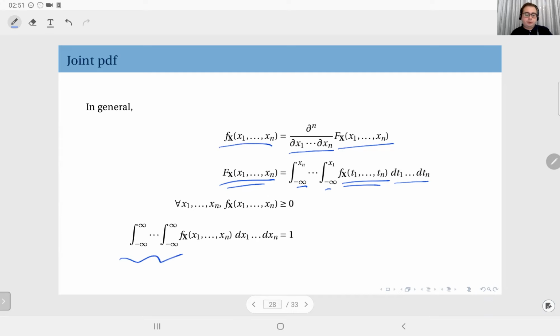For instance, a two-dimensional integration will give you a volume, etc. So the volume under this hypersurface should add up to 1. And for any parameter you provide to the joint PDF, the value should be non-negative. Okay, so these two are important generic properties of joint PDFs.